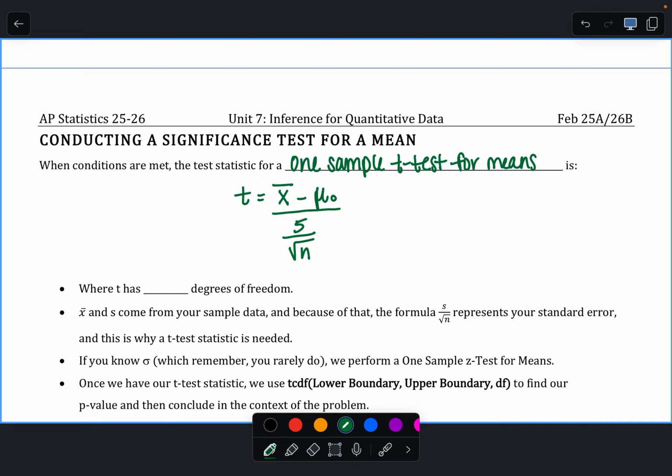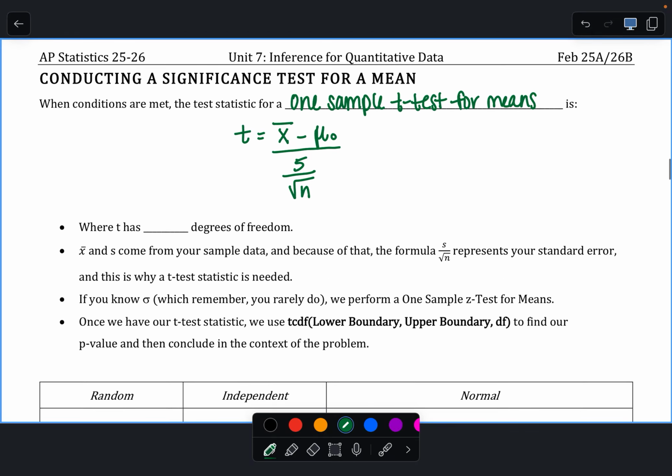If you do it by hand, this is coming from value minus mean over standard deviation. In our case, it's a standard error simply because instead of using a sigma, it is using an s, which represents a sample standard deviation. That is why it's called a standard error. Now, t is still going to have n minus 1 degrees of freedom.